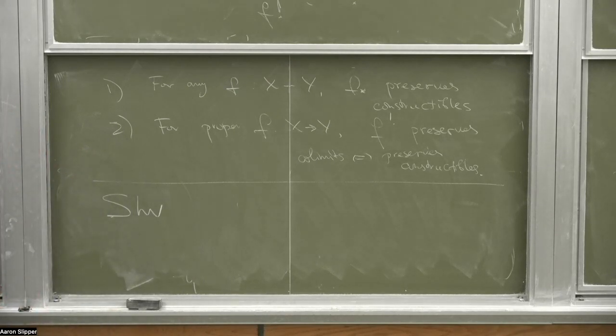When we talk about constructibility for an l-adic sheaf, is it that when you reduce mod l^n for any n, it's constructible? Yeah, for any n, it has to be constructible.